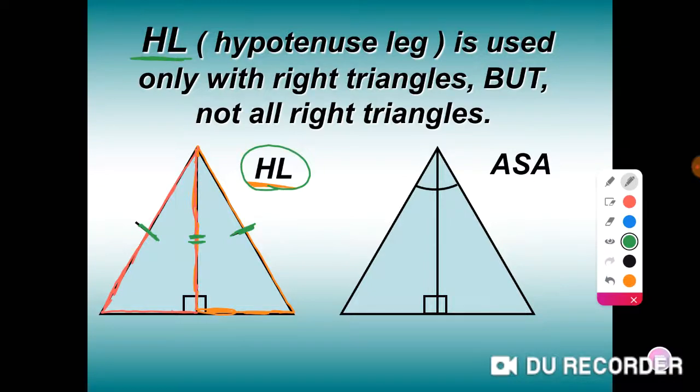But right here, we cannot use HL, though we're talking about right angle triangles, because we don't have any information yet about the hypotenuses. We don't know that they are congruent. It's not given information.